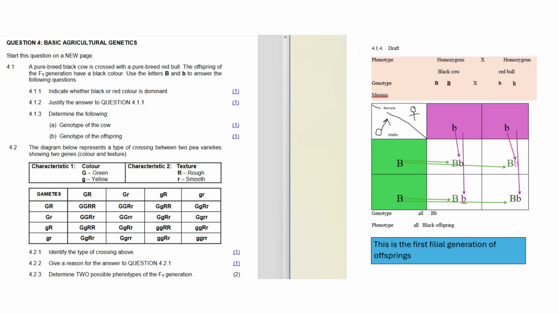Then this is our genotype: homozygous dominant and homozygous recessive. So it's going to go through meiosis.